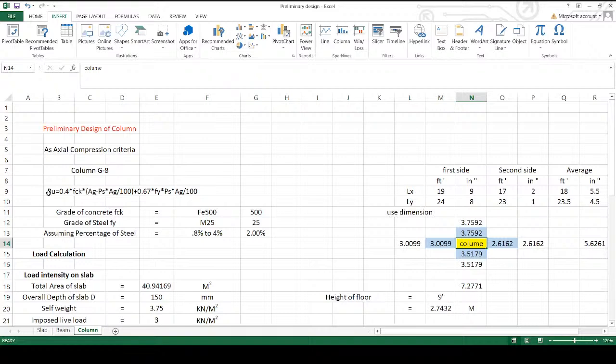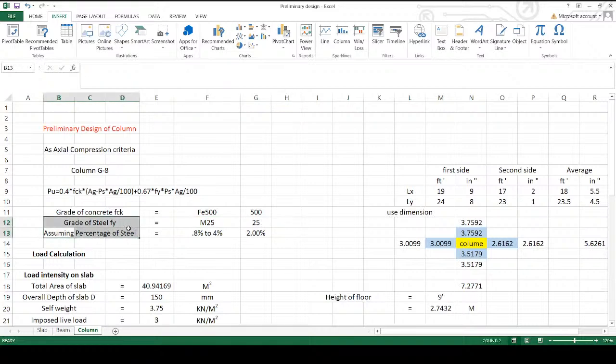PU is equal to 0.4 FCK (AG minus PS times AG by 100) plus 0.67 FY times PS times AG by 100, where PS is the percentage of steel in the gross area, so we divide by 100. Here we take the grade of concrete FCK as M25, that is 25 MPa, and the grade of steel FY as Fe 500.